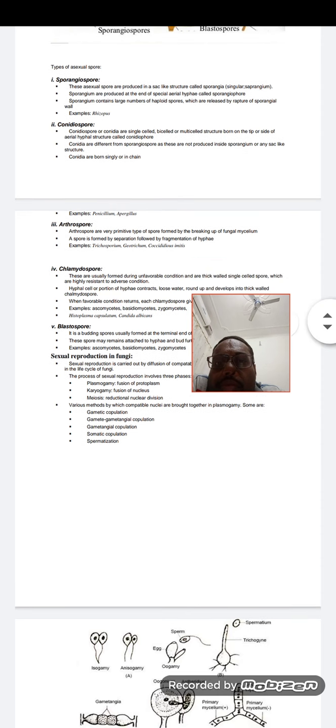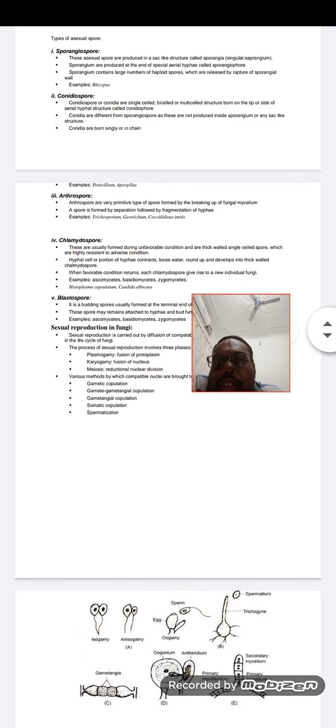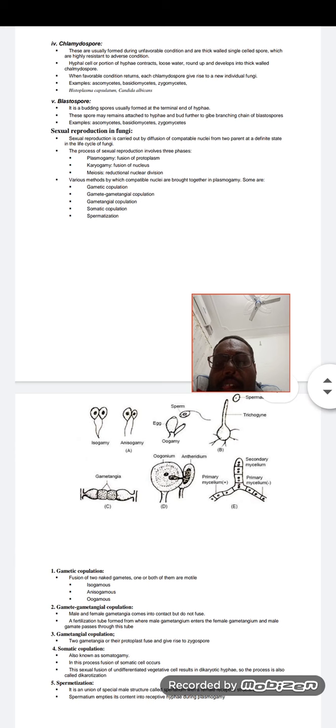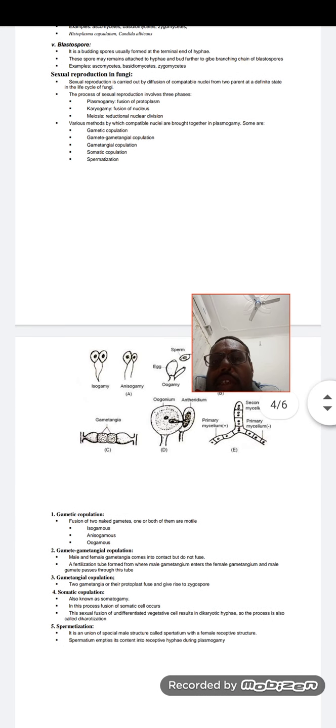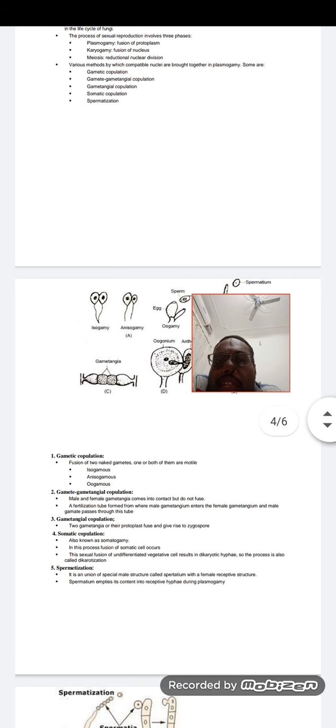And inside this sexual reproduction, when we discuss the formation of gametes, the gametes will be of 3 types. Isogamous, that means both male and female gametes are of the same size. Anisogamous, that means male and female gametes are of different sizes.